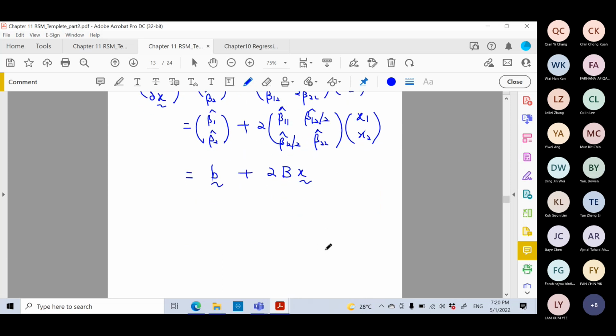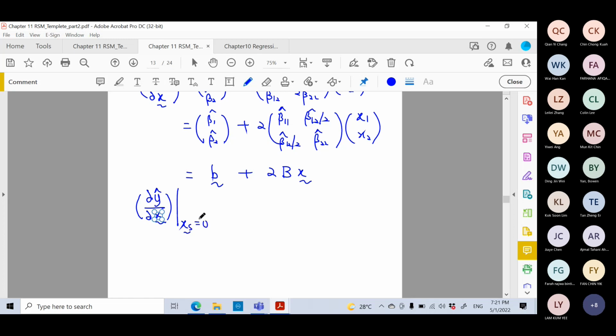Okay, then of course, we need to differentiate the Y hat over the differential for the X. We put it as the point here, it will equal to 0. We call the S for the stationary point.